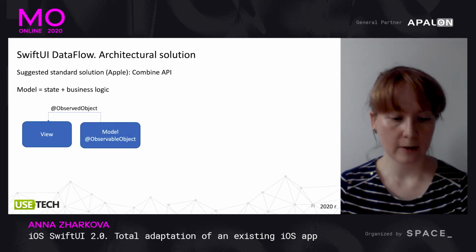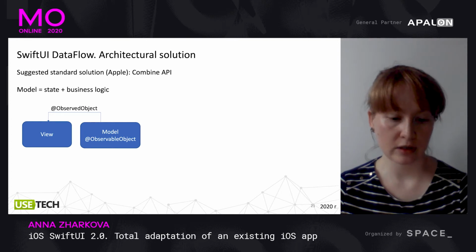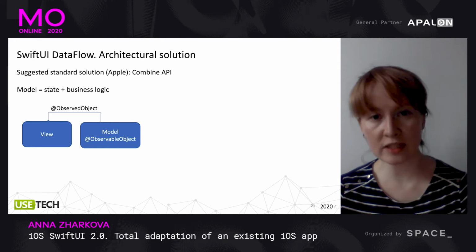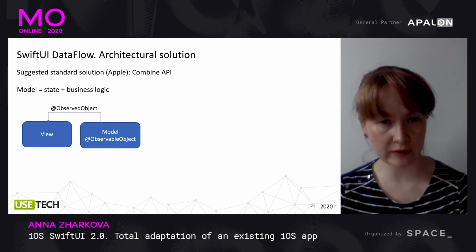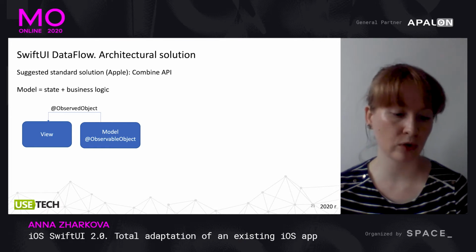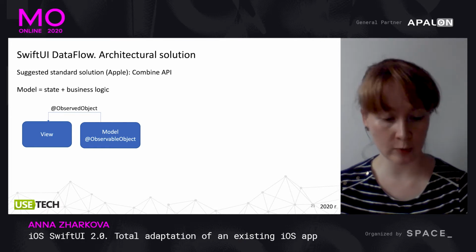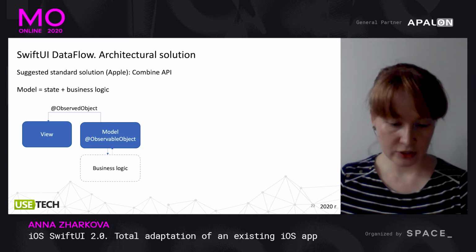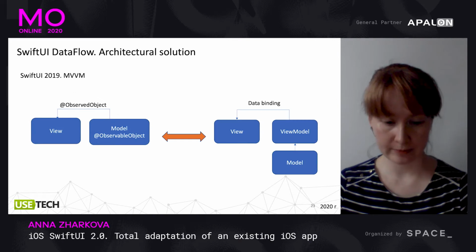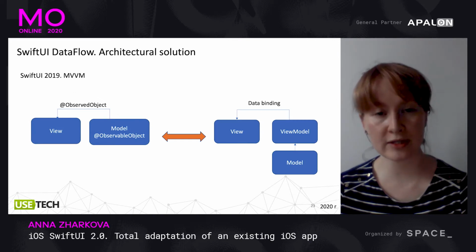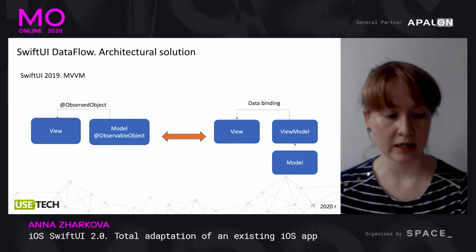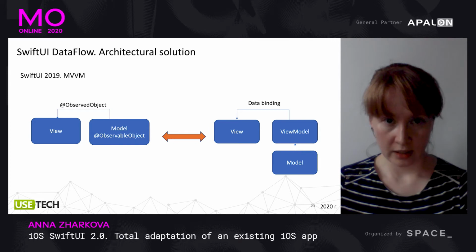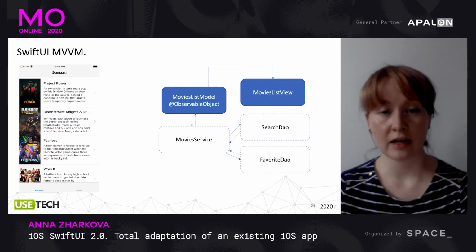What should we do? Apple suggests using the Combine API to provide interaction between view and model. So what is a model in data-driven data flow? It is a state and it is also business logic. It implements the ObservableObject protocol and binds to the view as an observed object. So we should use MVVM architecture. It is the default solution that was presented in SwiftUI in 2019, and we should make some changes in our modules.